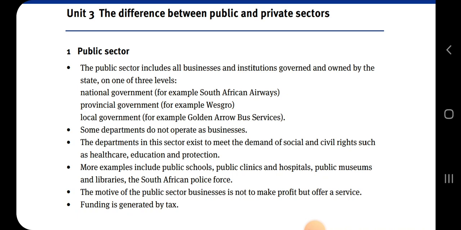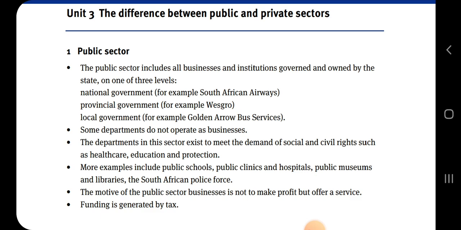The public sector includes all businesses and institutions governed and owned by the state on one of three levels: national government, which is the South African Airways, the provincial government, for example, Wesgo, and then the local government, for example, Golden Arrows bus service. Some departments do not operate as businesses.